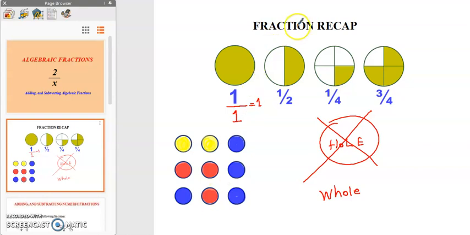So we have 2 sections in this circle. Go for the black. We have this section and this section right here, which is 2 sections. And if we look at the shaded part, half of this is shaded. So 1 out of the 2 is shaded, which represents 1 over 2. The whole, the entire sections, is 2 sections, but we have 1 out of 2 shaded. So this part is shaded, so we have that as 1 over 2.